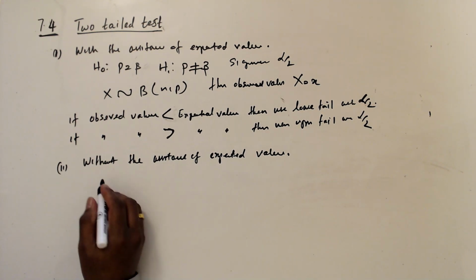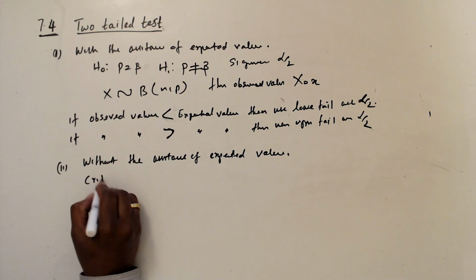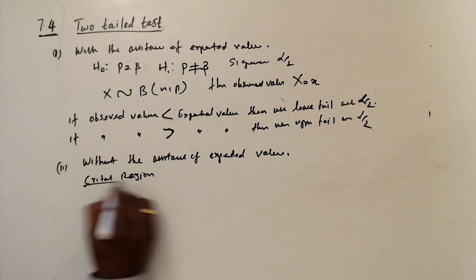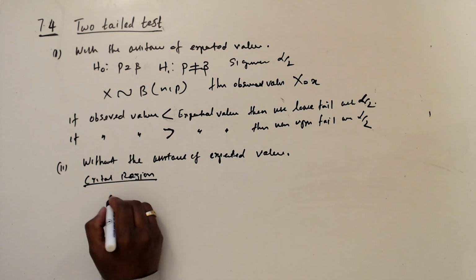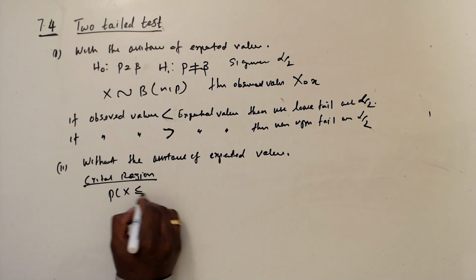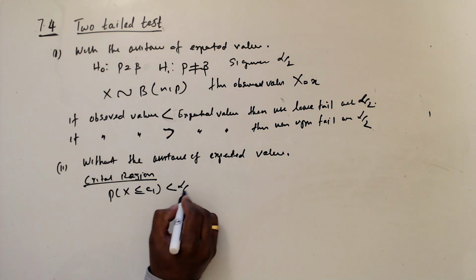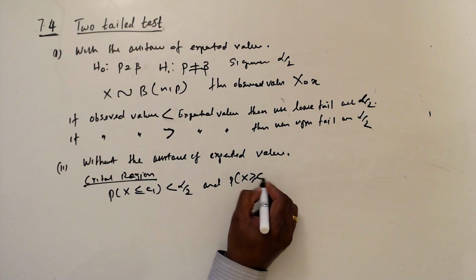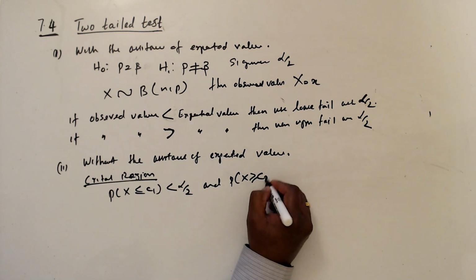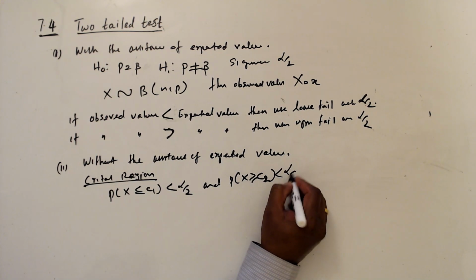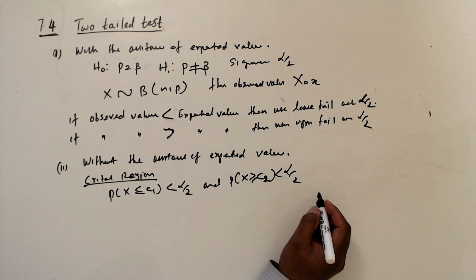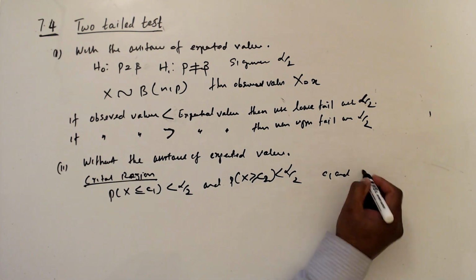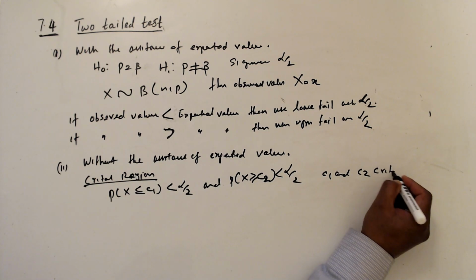So when we write the critical region, we are writing probability of X less than or equal to c1 less than alpha by 2, and probability of X greater than or equal to c2 less than alpha by 2, and c1 and c2 are critical values.